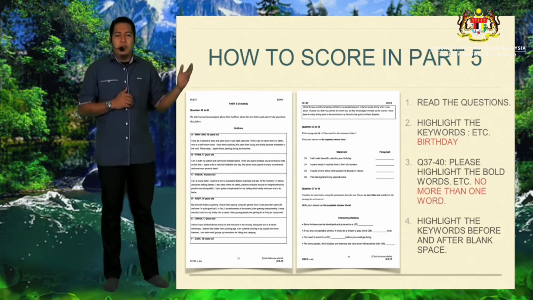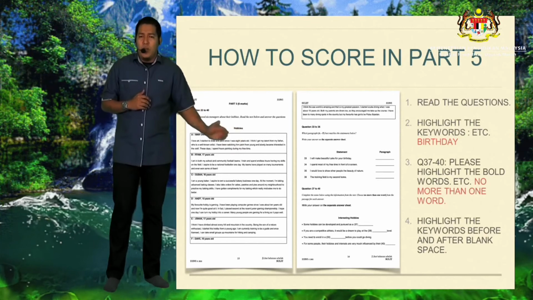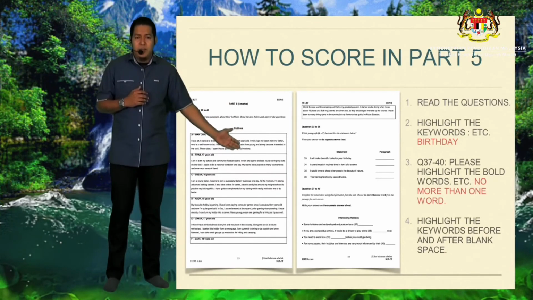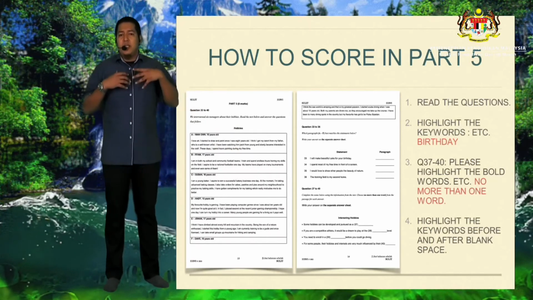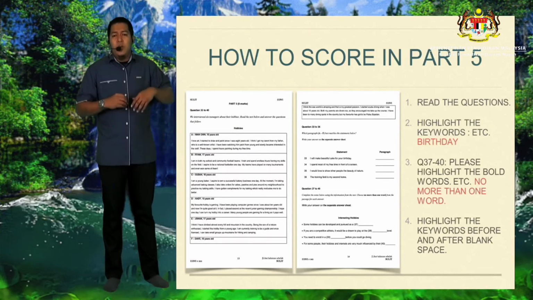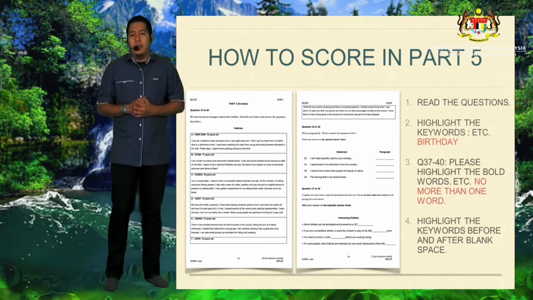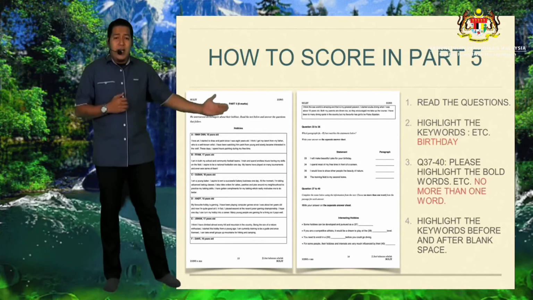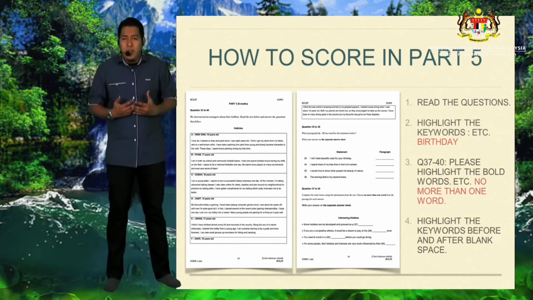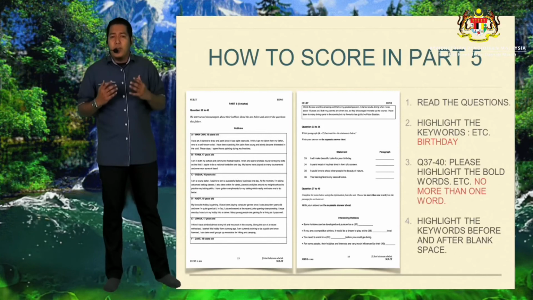For example, the bold words here are no more than one word. If you don't read the instruction there, you will miss the important information. So you will write more than one word and the answer will be wrong. So please highlight or underline or do something else that can remind you that you don't have to write more than one word.